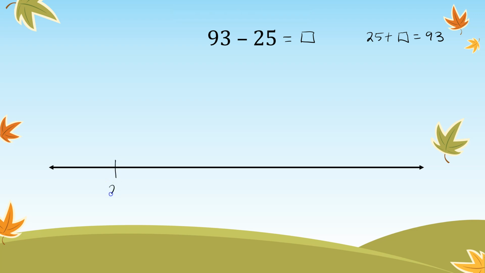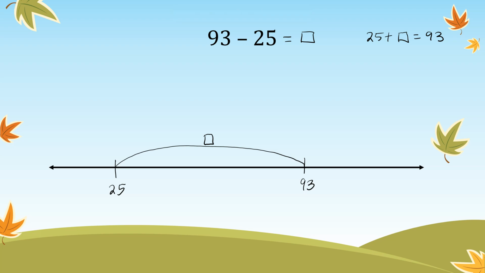So the answer to this problem is the distance between 25 and 93. That is this distance right here, the blank that we're looking for. How do we make this nice? Where do we go? We could go backward or we could go forward.